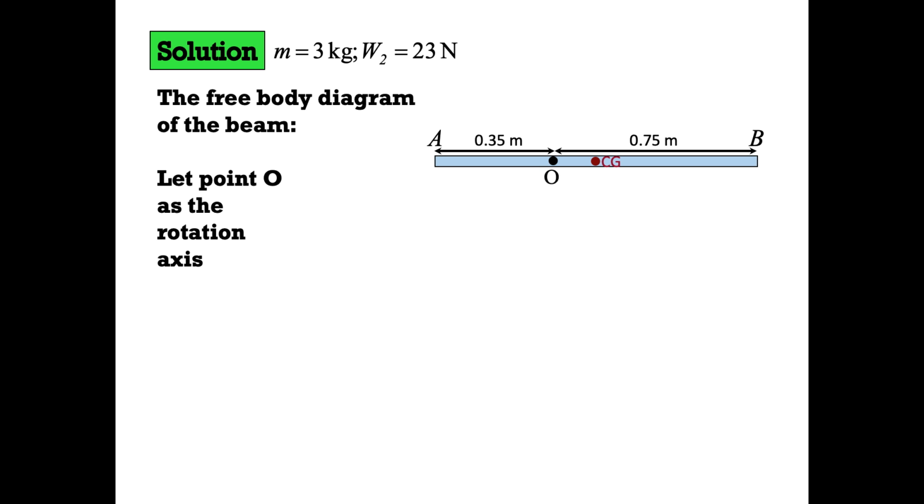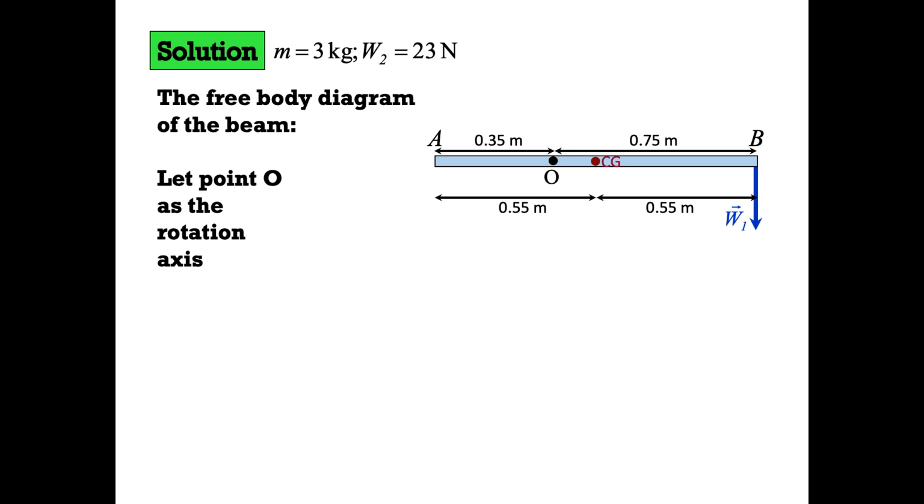The center of gravity of the beam must be at the middle of the beam. The question mentions that the beam has a mass of 3 kilograms, so the beam itself has weight. The distance from point A to the center of gravity, which is at the middle, is 0.55 because beam AB is 1.1 meter long.